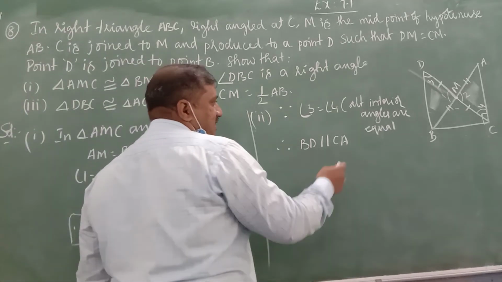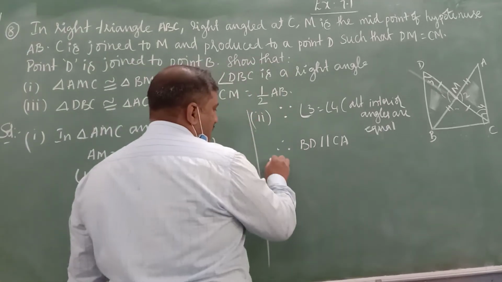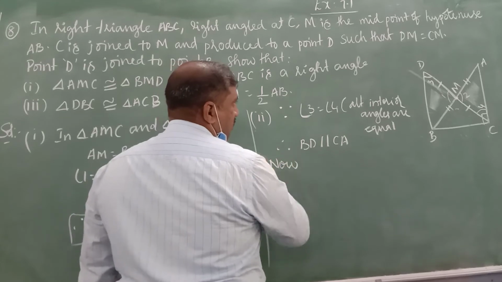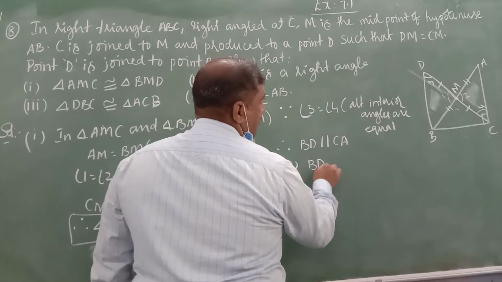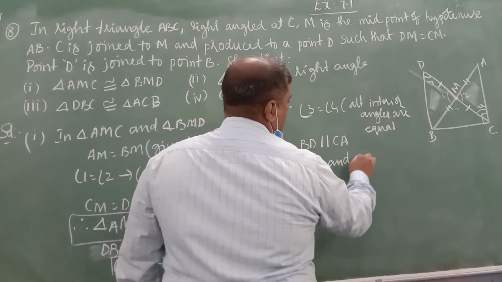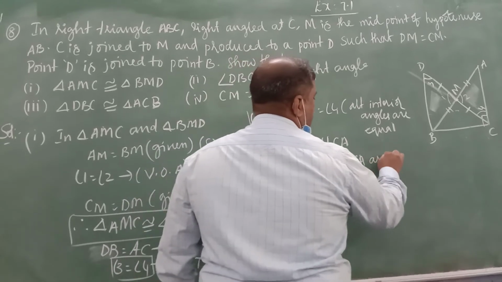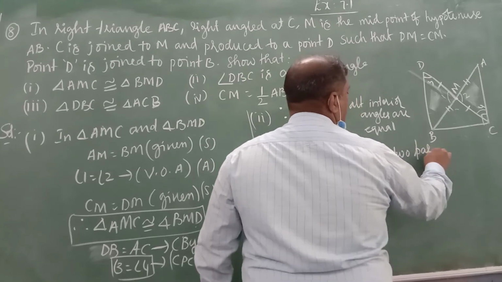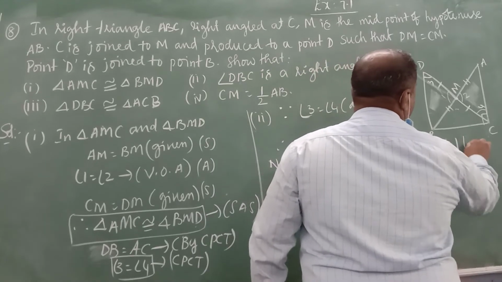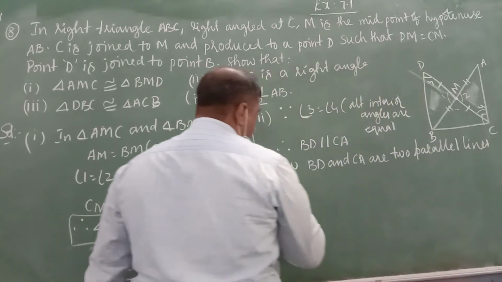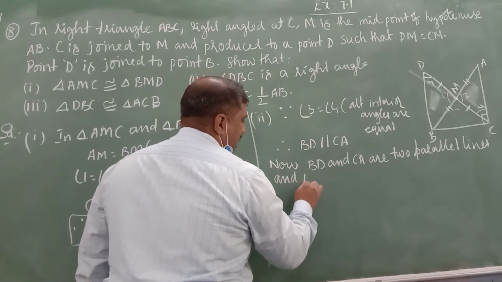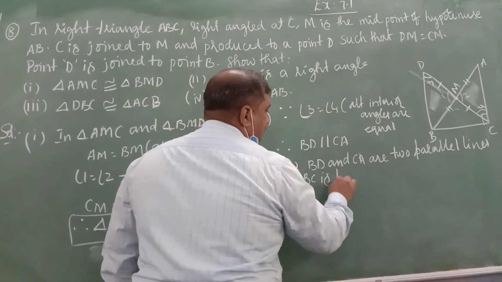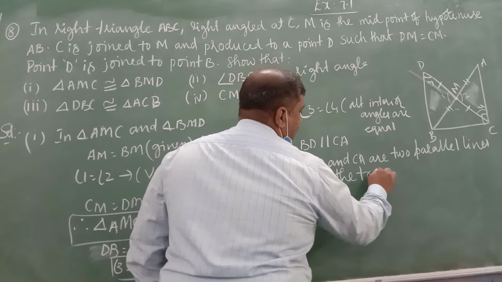Is it clear on that? BD is parallel to CA. Now BD and CA are two parallel lines, and BC is the transversal.